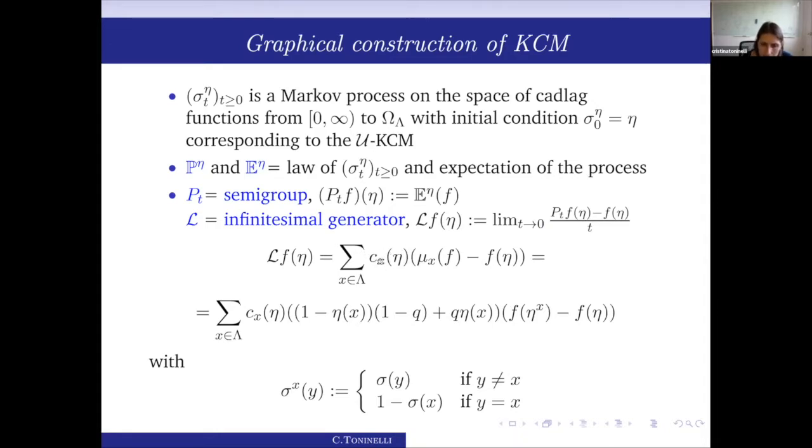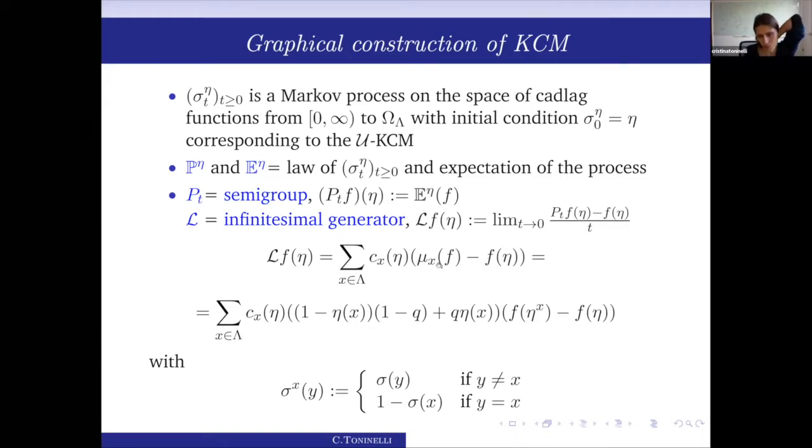I do nothing, meaning there is no change in my configuration corresponding to this clock ring. Instead, Cx equal to 1 is just the control variable: Cx is equal to 1 when the constraint that you have chosen is satisfied by the current configuration. And if it is the case, the action is mu x of f minus f of eta, subtracting what was before.